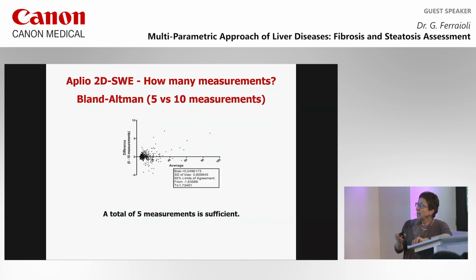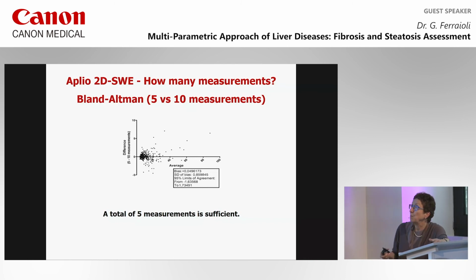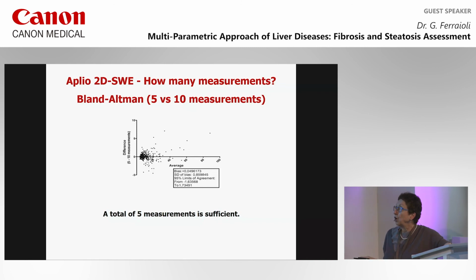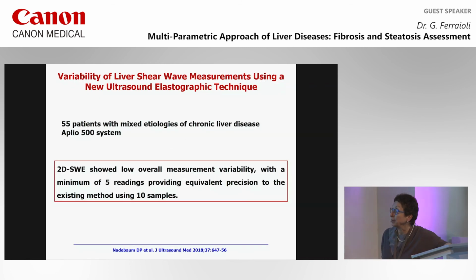And how many measurements do we need to obtain a reliable and accurate value? In this study, it has been shown, comparing 5 to 10 measurements, that 5 measurements is enough, and we have to use the median value of 5 measurements.